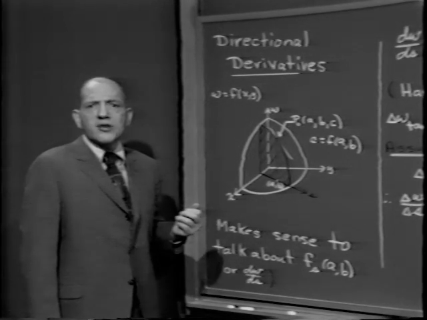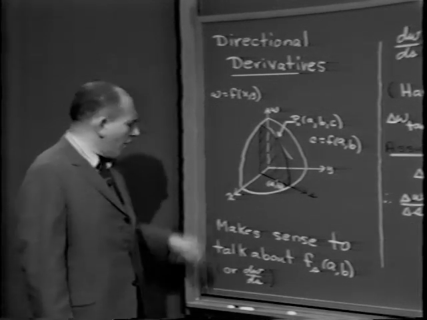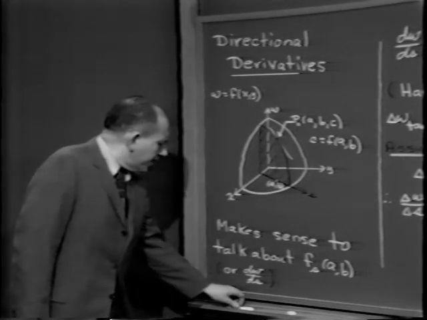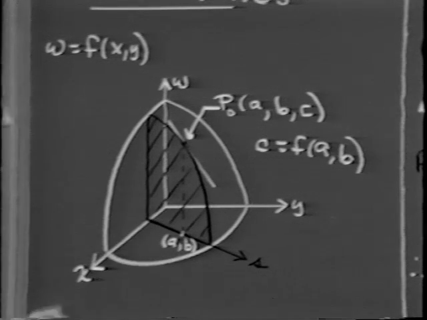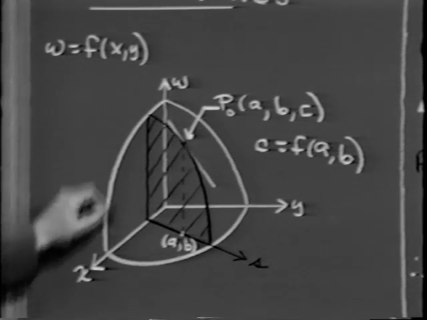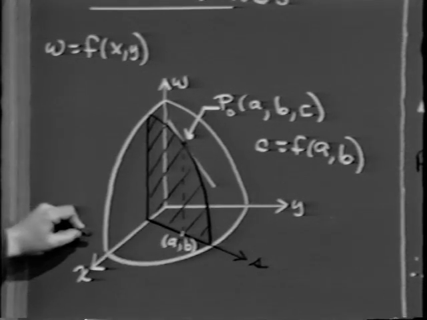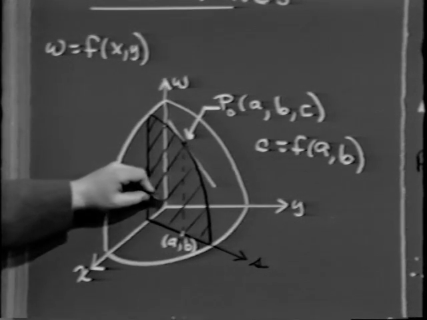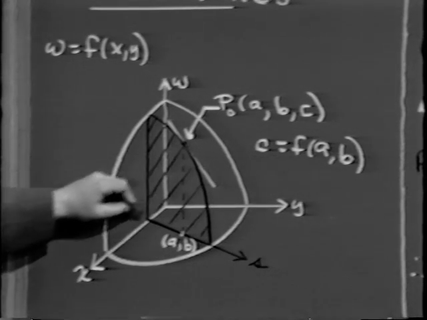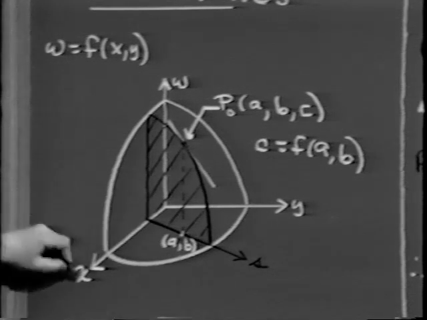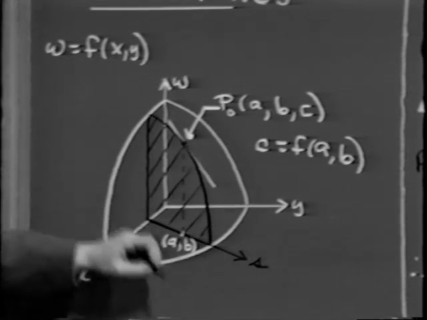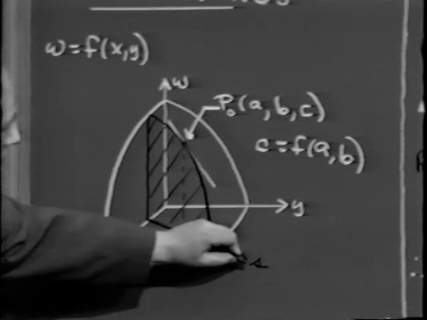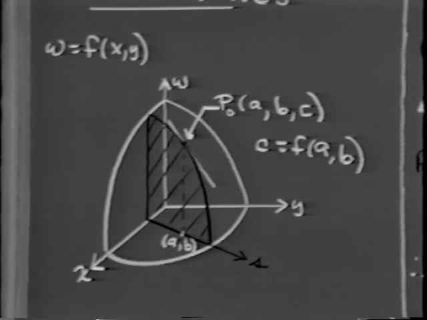And the idea that you sort of get can be shown pictorially by saying, let's assume that we're at the point a comma b. We have this surface over our head just as we did before. But now, instead of picking a direction either parallel to the wx plane or to the wy plane, let's pick some arbitrary direction s in which to move.